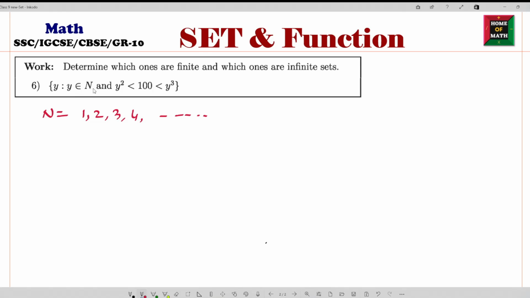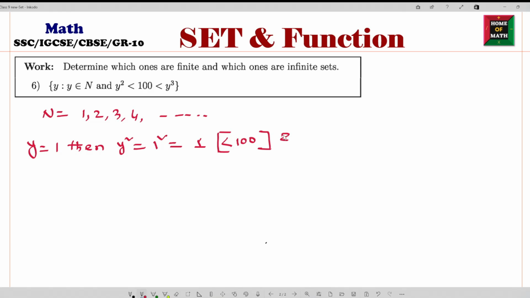So y is an element of N. Once y equals 1, then y squared equals 1 squared, which means 1, which is less than 100, right? So this condition is okay.